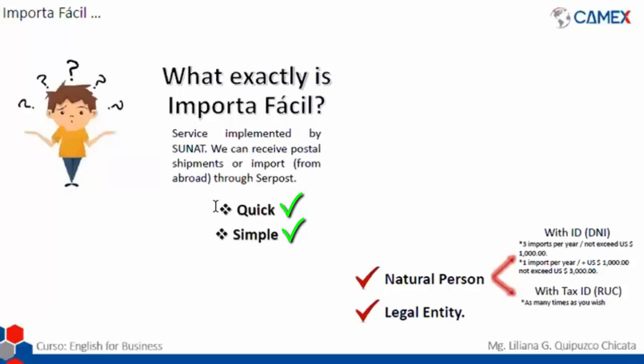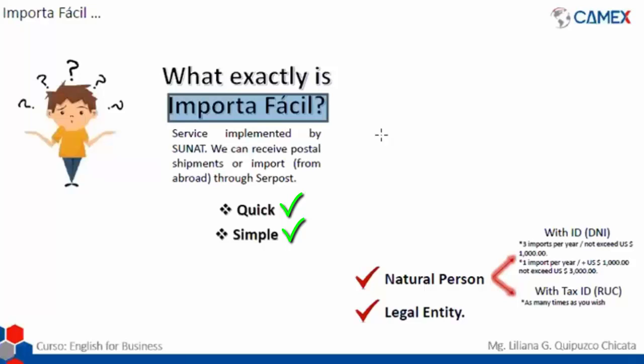In this case, how can you use Importafácil? You are using Importafácil every time you are buying from eBay, from Wish, from AliExpress or Alibaba. Every time you're buying from them and using the regular shipments, like free shipping, you're using Importafácil because it is via Serpost.